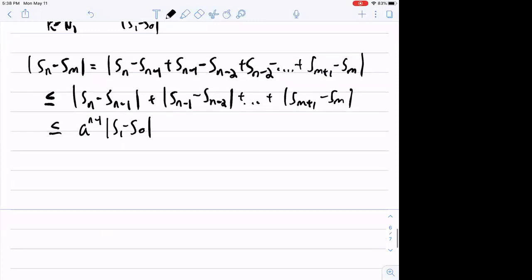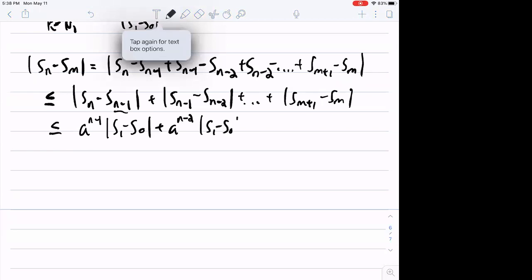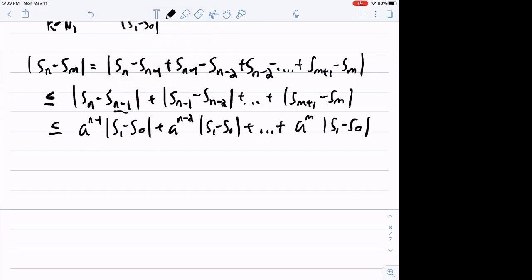So I go with the n minus 1 exponent, a to the n minus 2, S1 minus S0, all the way to a to the m. If I factor out the S1 minus S0, I'm summing from m to n minus 1 of a to the k.